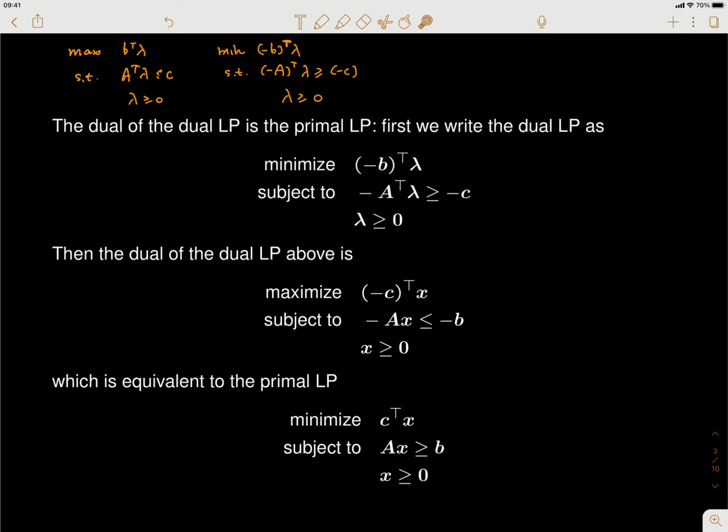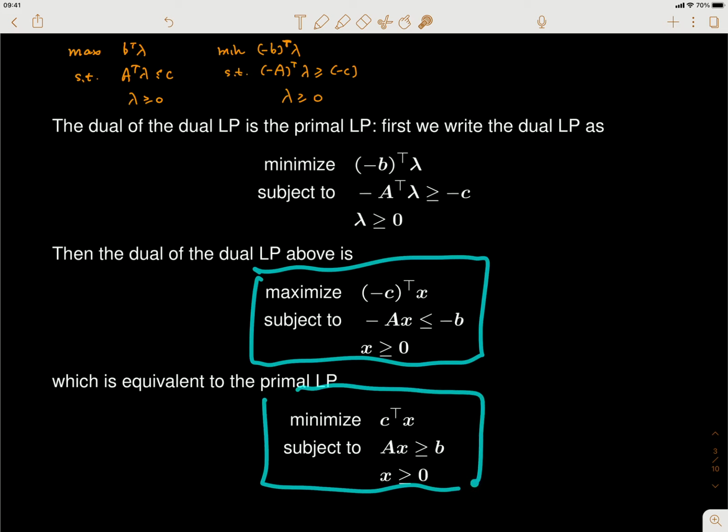Maximizing this is the same as minimizing c transpose x, which is to put the negative outside, that will become minimization. That's how we got this line. And again, when we put a negative sign on both sides, we'll get Ax greater than or equal to b, and x greater than or equal to 0 is unchanged. So this problem here is equivalent to this problem. It is the same one.